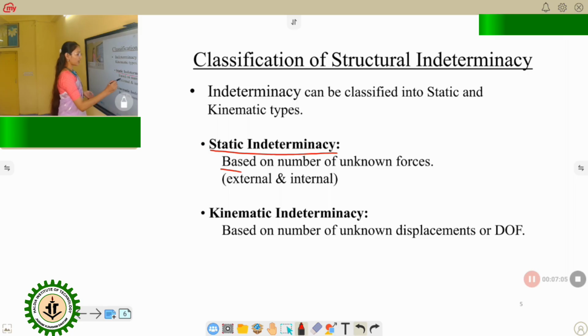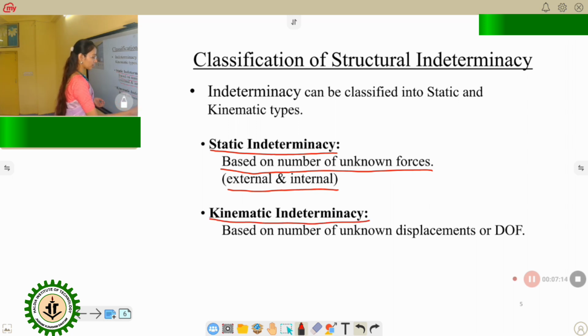So this is calculated based on the number of unknown forces, including external and internal. Whereas the kinematic indeterminacy is dependent on the displacement, that is the support. If the support is not fixed and is somehow moving, that is for frames.